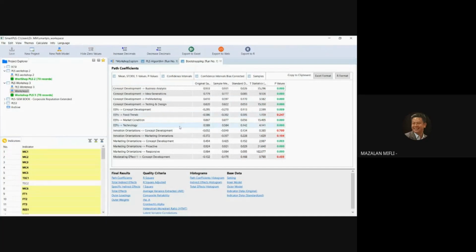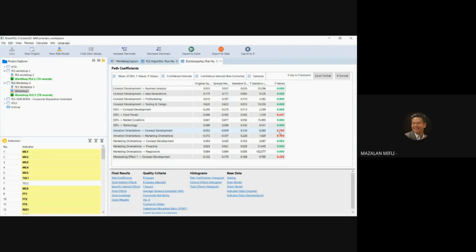What we need to look at is this one. Wow, it's not significant. Marketing orientations doesn't really play a significant role whether you are radicals or not radicals. It's 0.7.